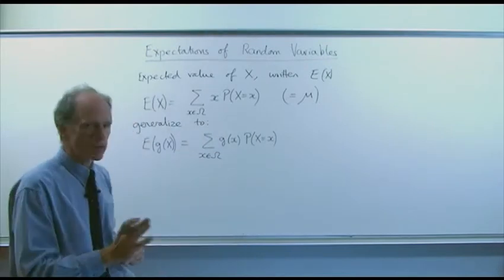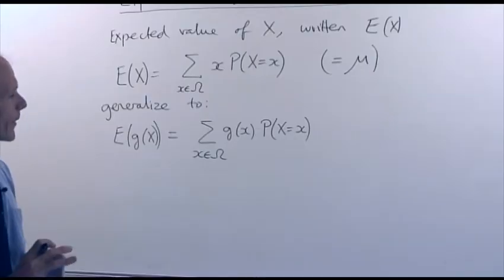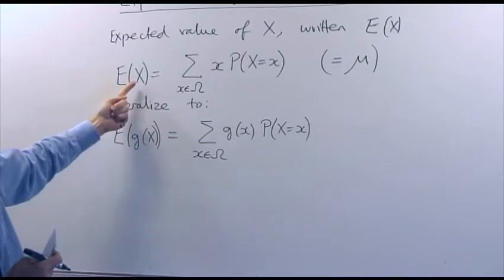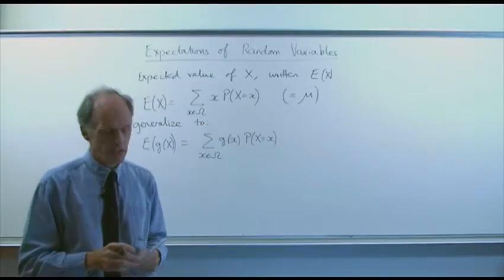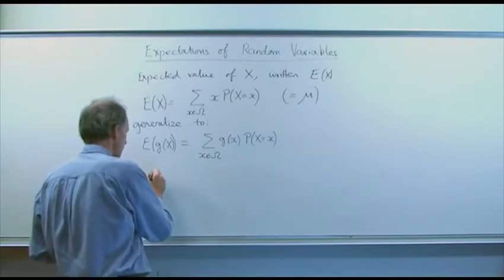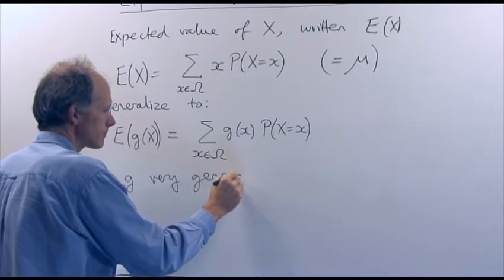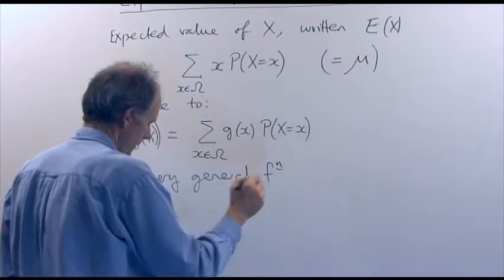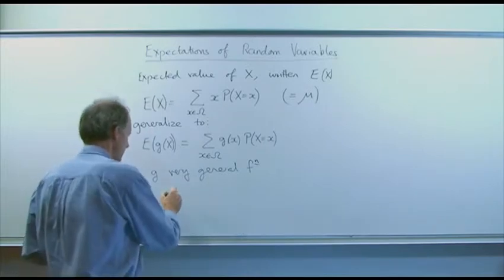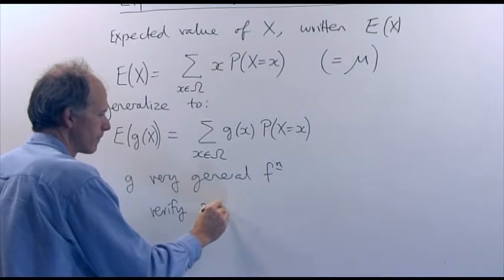So this g can be pretty much any function you like. It can be a degenerate function, such as g of x equals 1, or it could be the identity function, g of x equals x, in which case we get back to where we started, or something else you might want. So this g is a very general function, and you might just want to verify special cases.